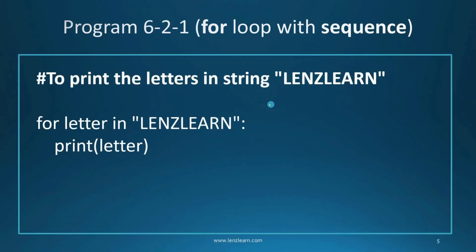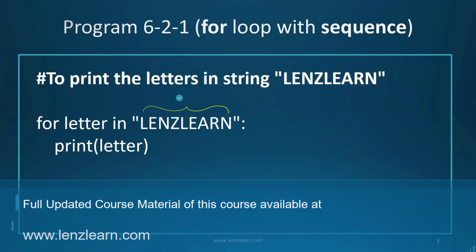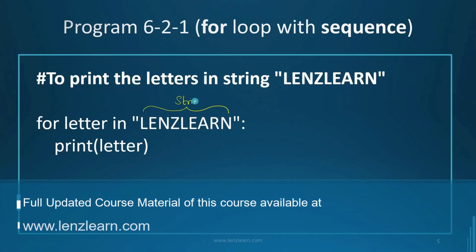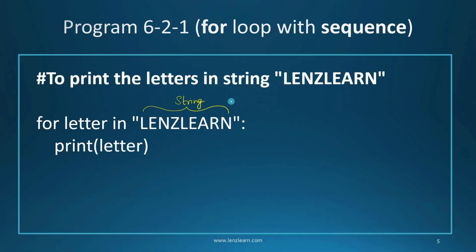Now the first example that we are going to study, program 621, here we will be providing a string as the sequence, right? So this is a simple for loop. Inside it, the body of the for loop has only one statement which prints the value of variable letter.